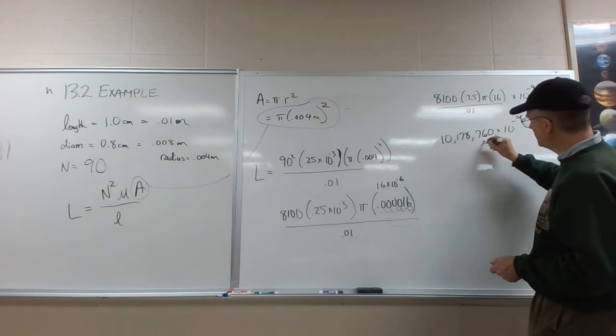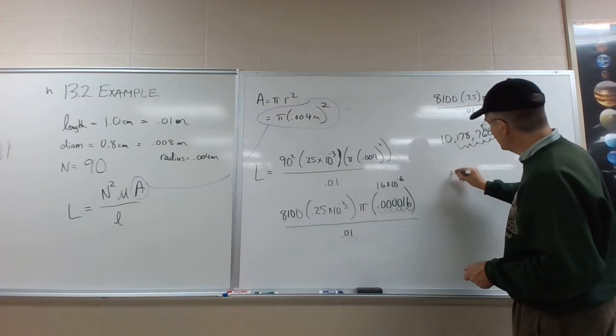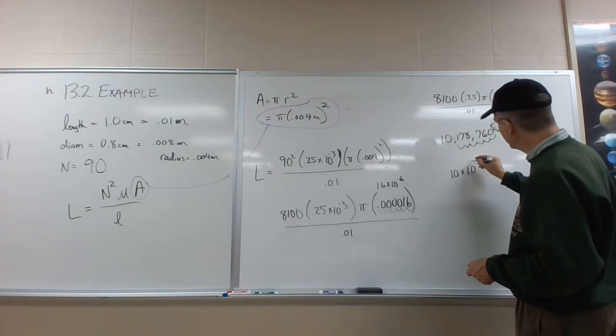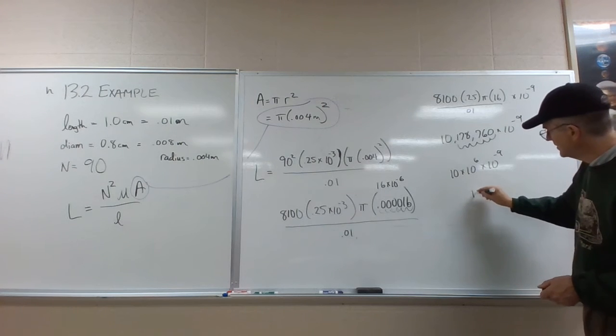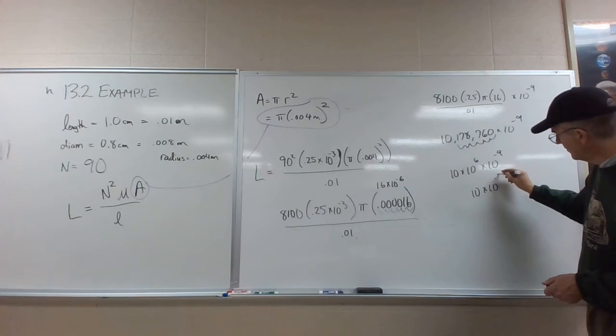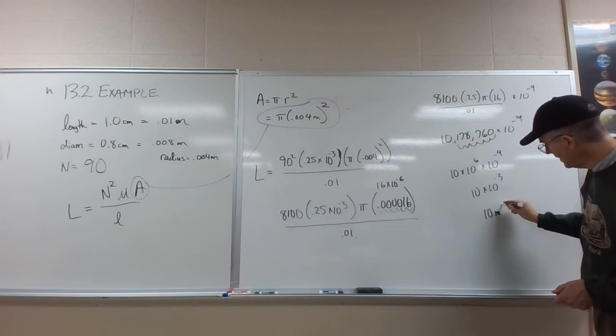That's, of course, about 10 times 10 to the 6th times 10 to the negative 9th, which is 10 times 10 to the negative 3, which is 10 millihenries.